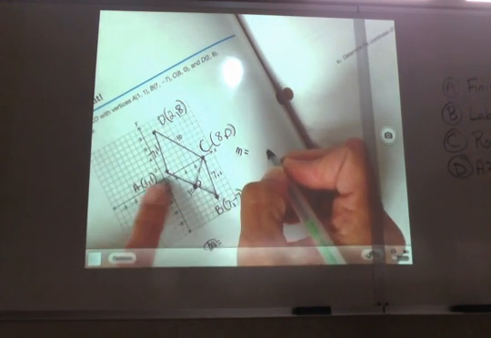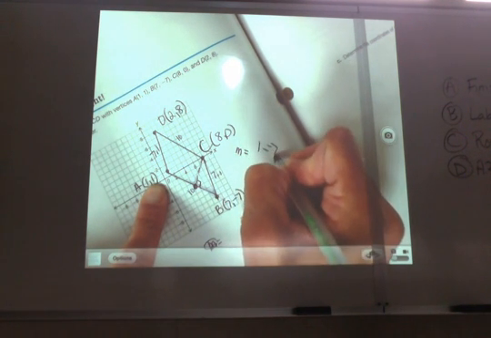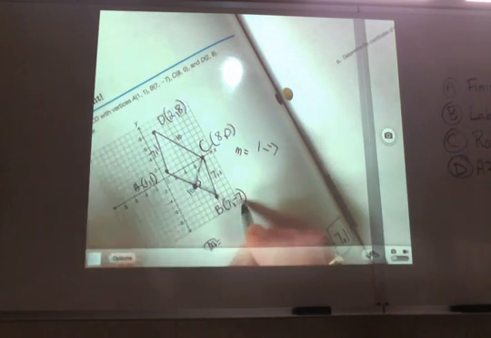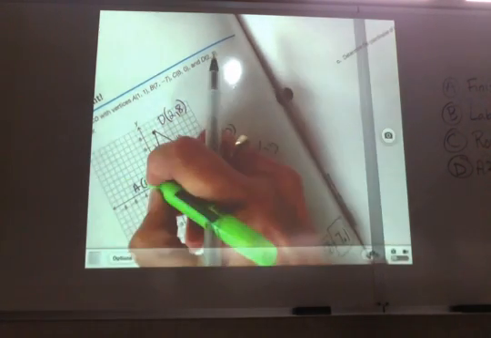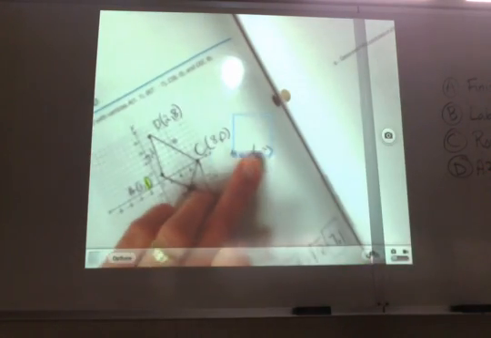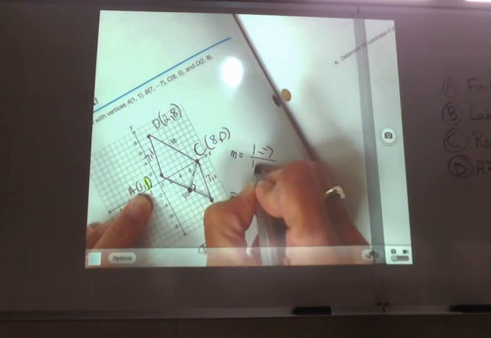Let's do this one as 1 minus a negative 7. This number is the y here and this number is the y there. Remember, y is the second of the two coordinates. So 1 minus a negative 7 divided by 1 minus 7.